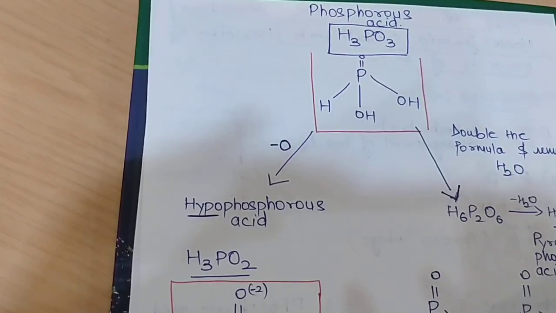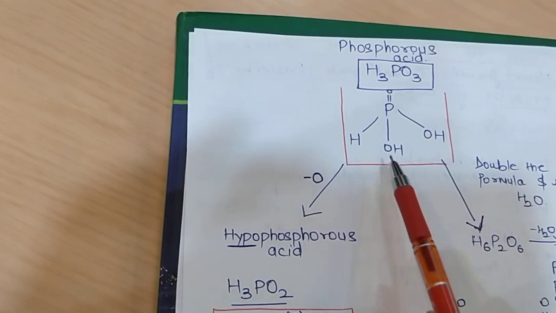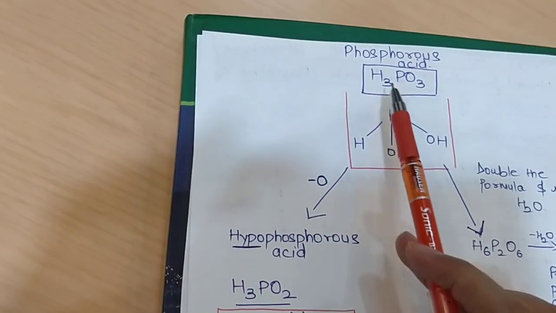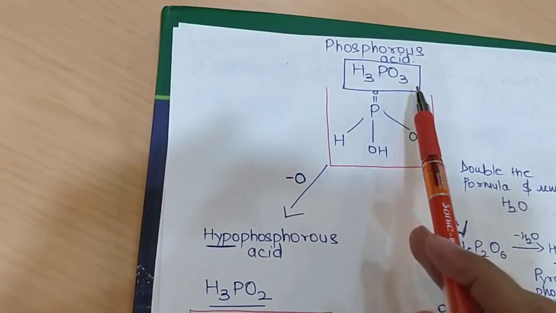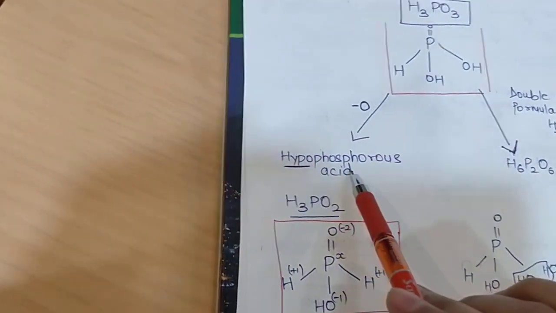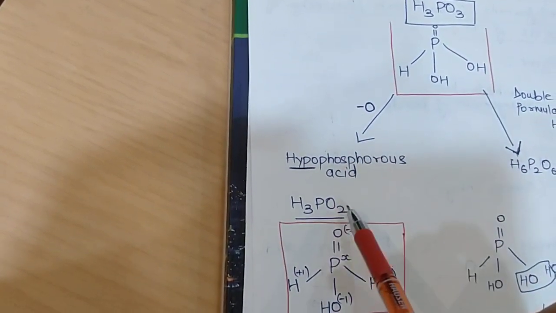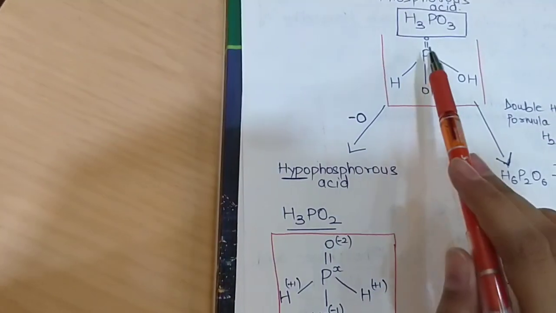You have to memorize both of them separately. Here we are removing one oxygen from phosphorus acid. That means the prefix hypo will be introduced in front of phosphorus acid. So after removing one oxygen, it will become H3PO2 from H3PO3.